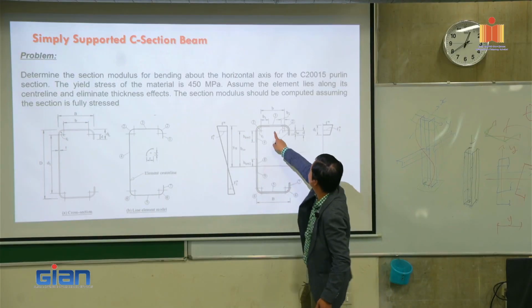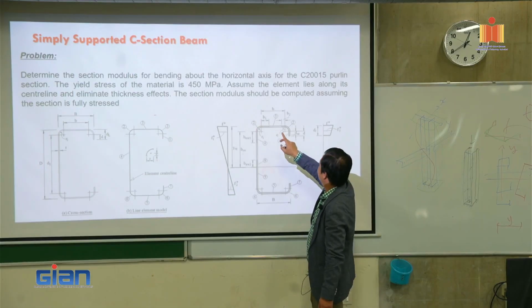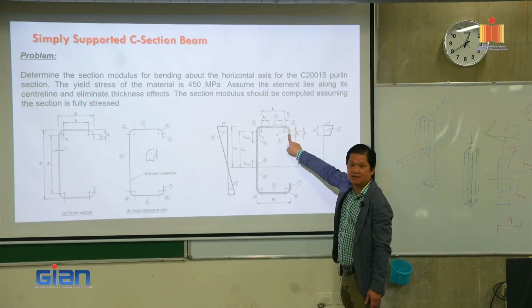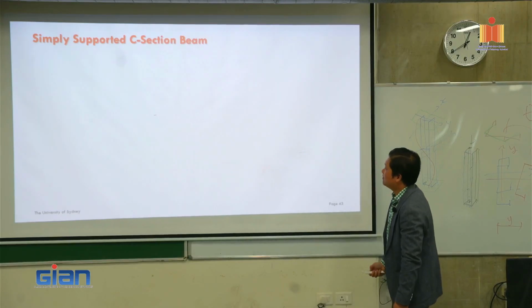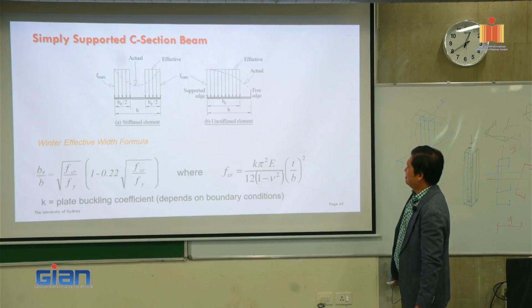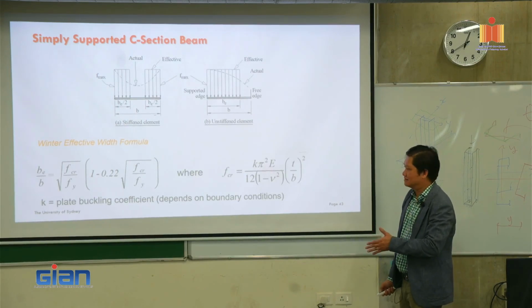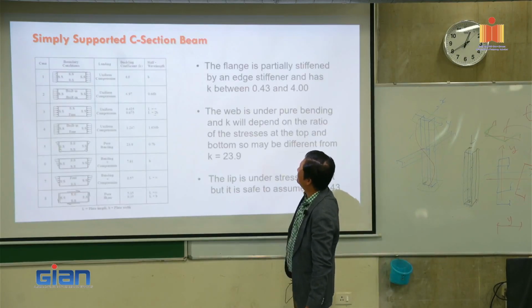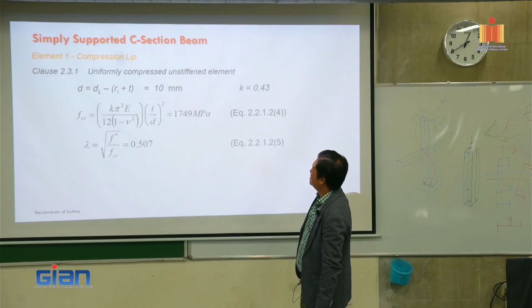We can calculate B1 and B2, and we can remove the area, and we can calculate this one, and remove the area. We got an effective width. Now, I'm not gonna spend more time to repeat it, because you're gonna follow exactly the same procedure for the flange, and then for the lip.